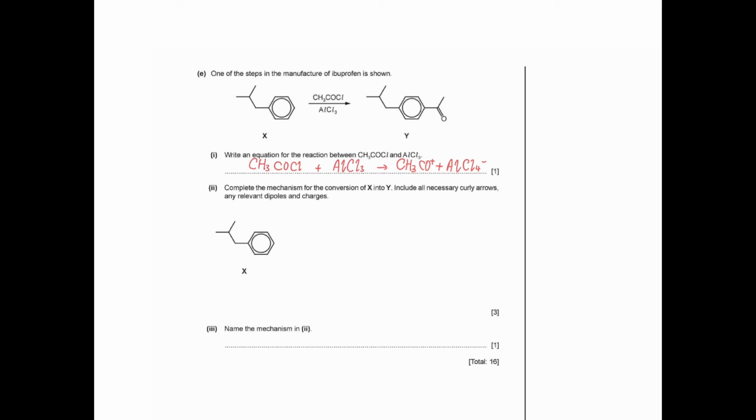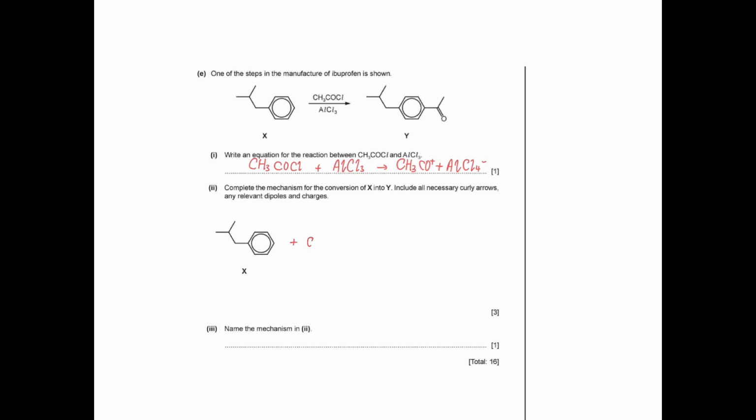Now part 2, complete the mechanism for the conversion of X into Y. Include all necessary curly arrows, any relevant dipoles and charges. That means we have to write down the electrophilic substitution. Over here, we already have the first equation in part 1, which produces the electrophile.